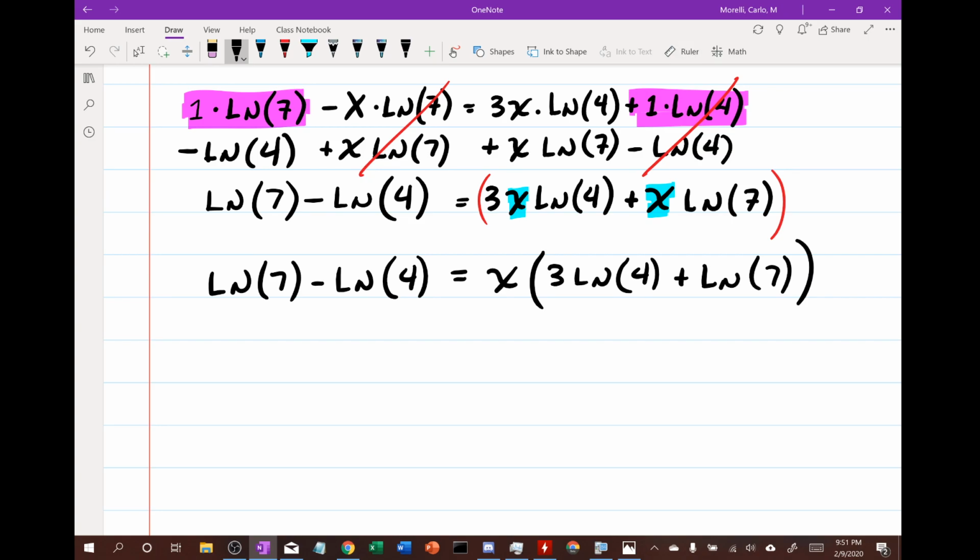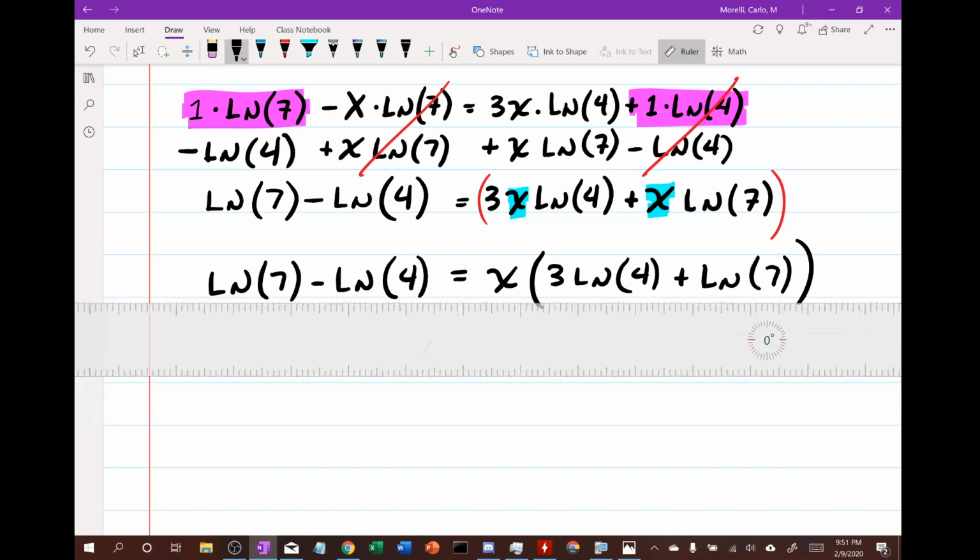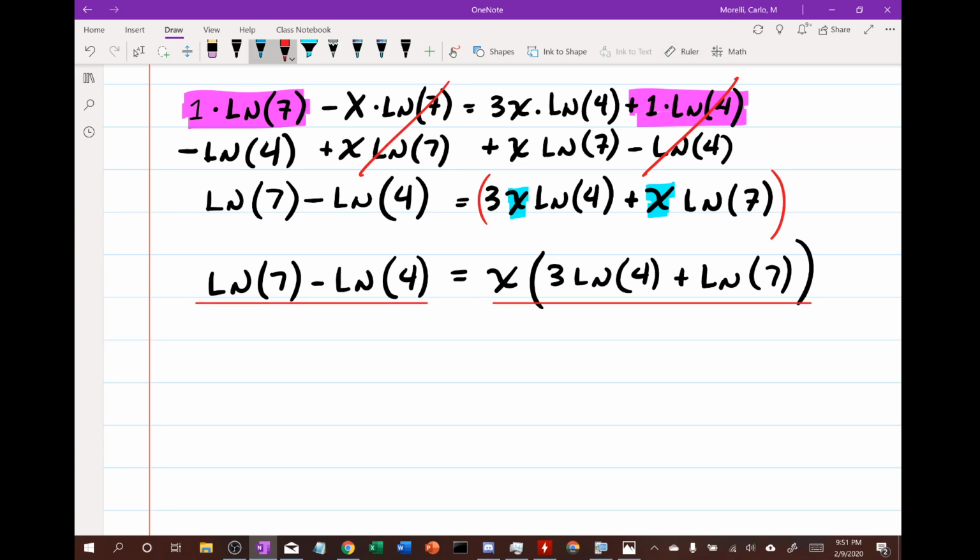And that's what they want us to divide everything by. So we're going to divide both sides by 3 ln of 4 plus ln of 7.